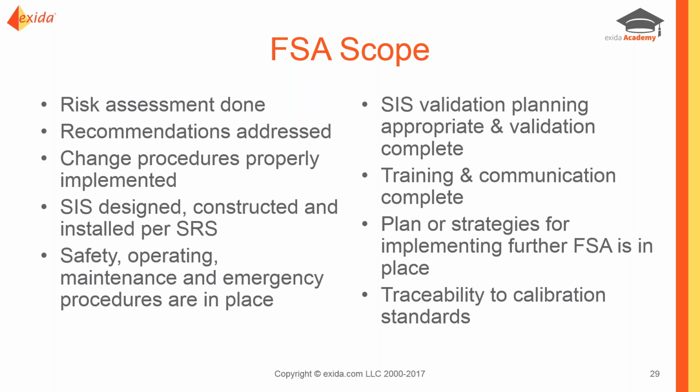Our design, we verify the design meets the risk assessment requirements, that we have in place our maintenance and testing procedures needed to support the health of the system, that we've appropriately validated and communicated to everyone that needs to know, as well as train people up for what their requirements are.